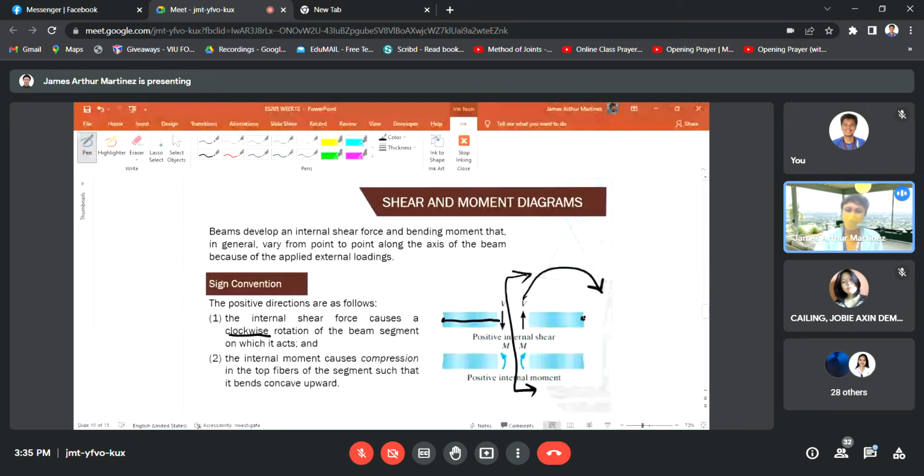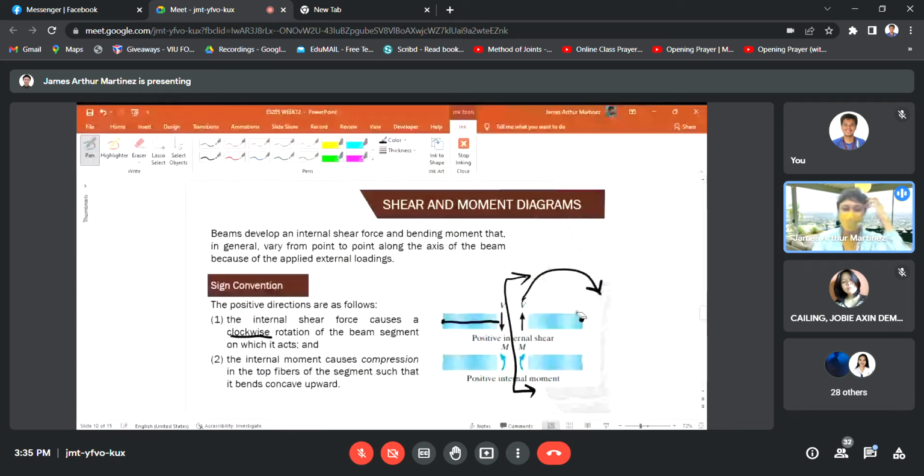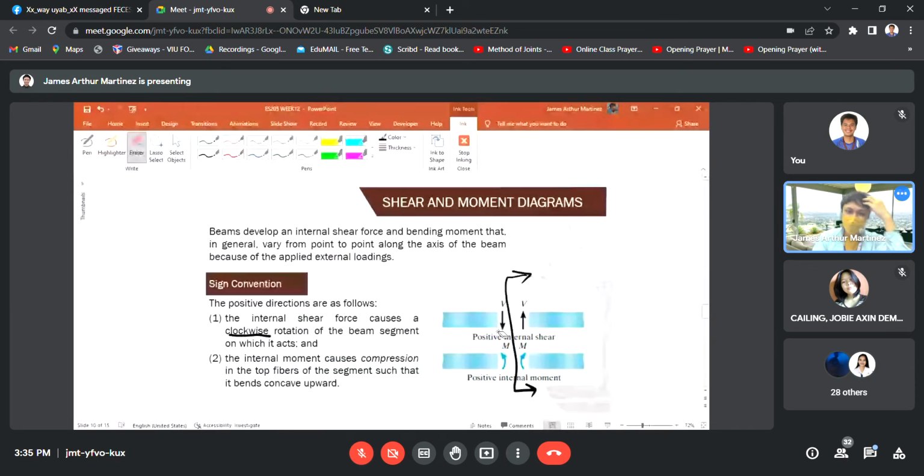That's why in short, class, or in other terms, if mag-analyze ta sa beam left side ang ato i-consider sa analysis, then your internal shear force is acting downward. Okay? Then, similarly, if right side ang ato i-analyze sa beam, then the direction of your internal shear is upward.